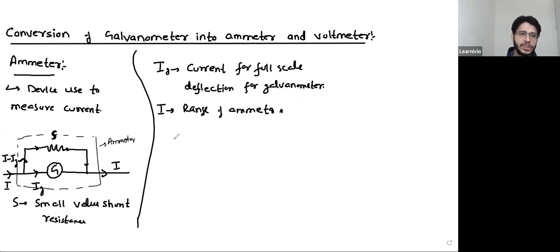Now, since S and G are in parallel, do you remember if two resistors are in parallel, then out of current and voltage, which quantity will be the same?